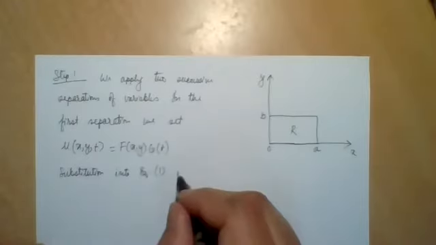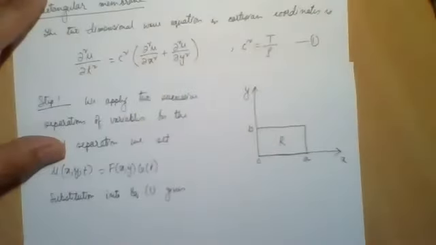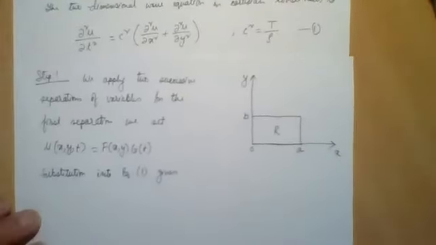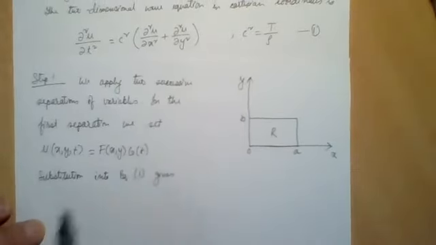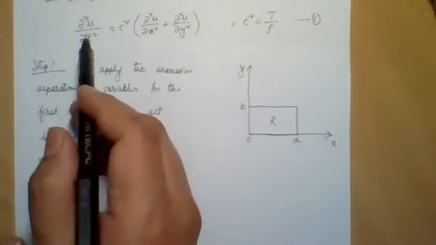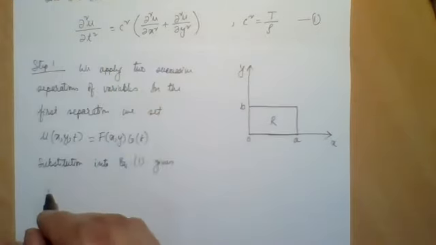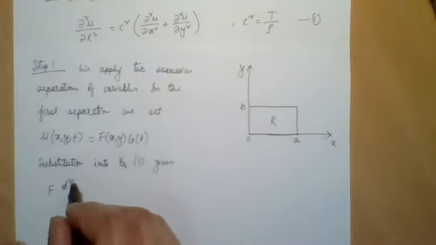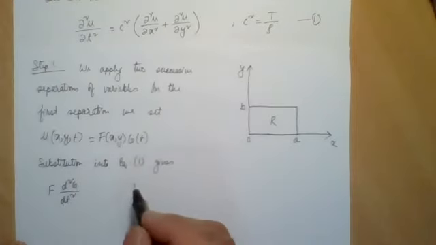Second order partial derivative of u with respect to time becomes f times second order derivative of g with respect to time.